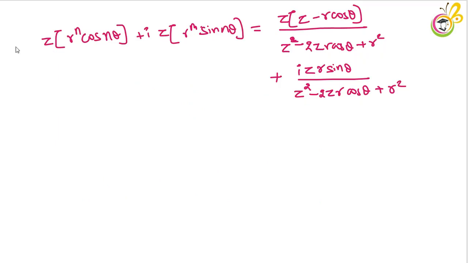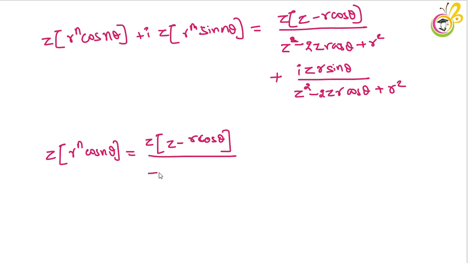Now equating real and imaginary parts, we get Z of r^n cos n theta is z into (z minus r cos theta) divided by z square minus 2 z r cos theta plus r square.